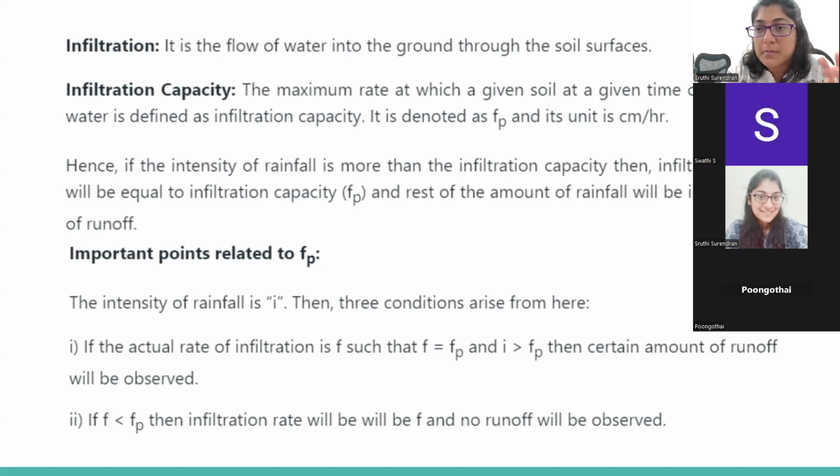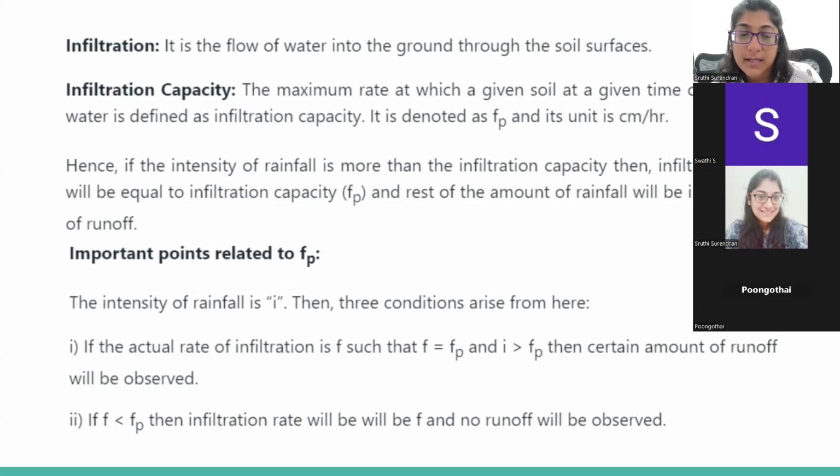So, what is the maximum rate of infiltration? If it is say 10, then even if there's a rainfall intensity of 20 occurring, only 10 centimeters of the rainfall will be absorbed into the soil in an hour. So infiltration rate will be equal to the infiltration capacity if the rainfall intensity is greater than the infiltration capacity.